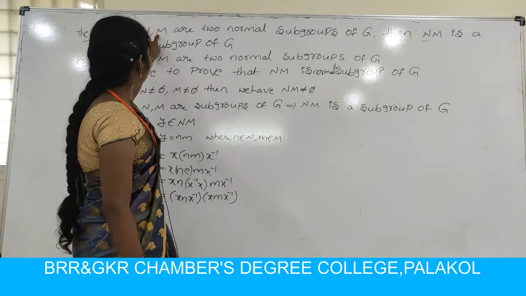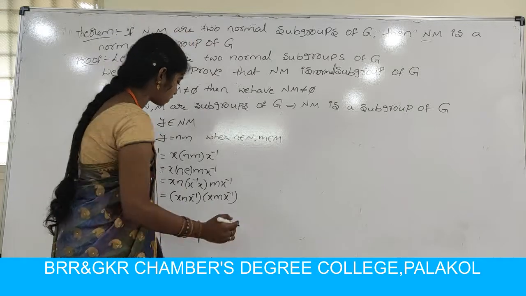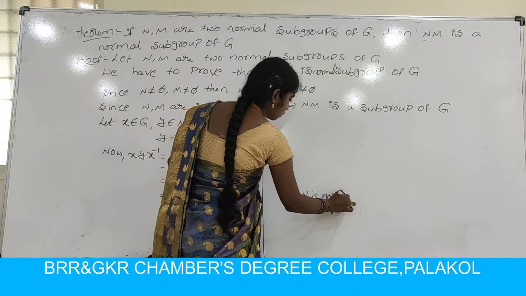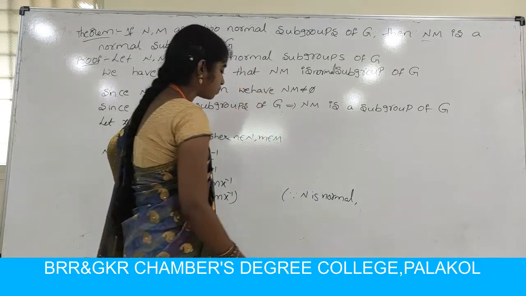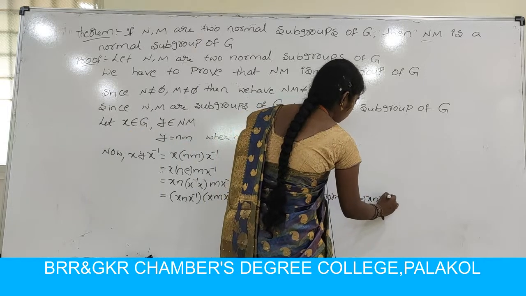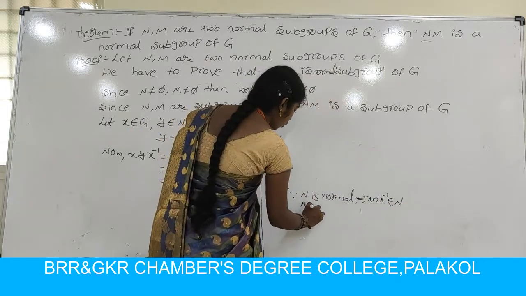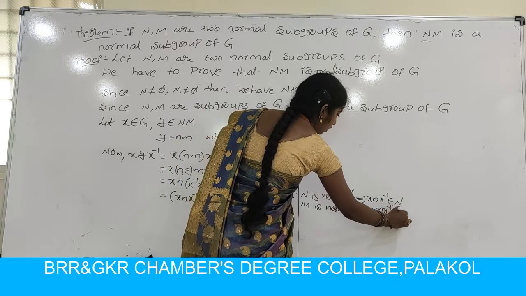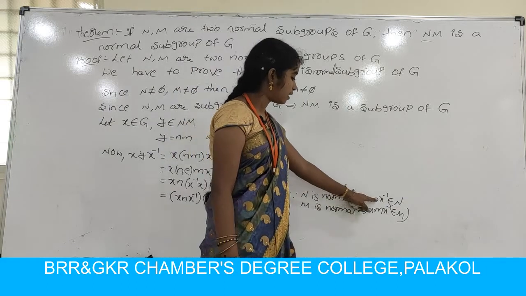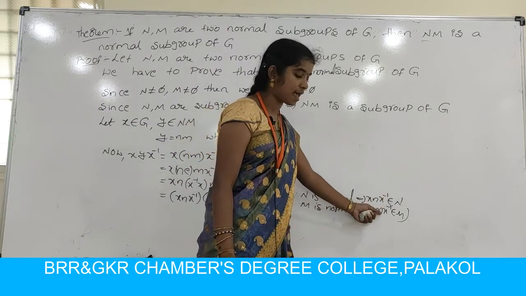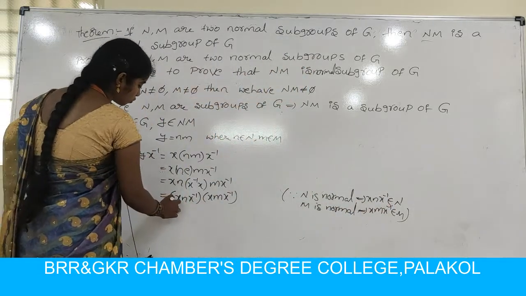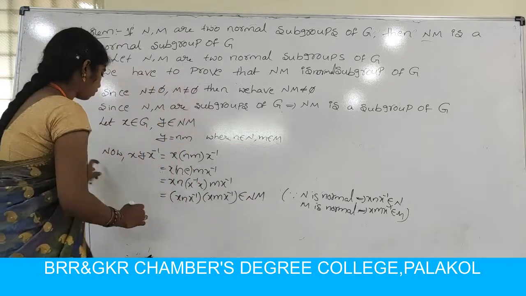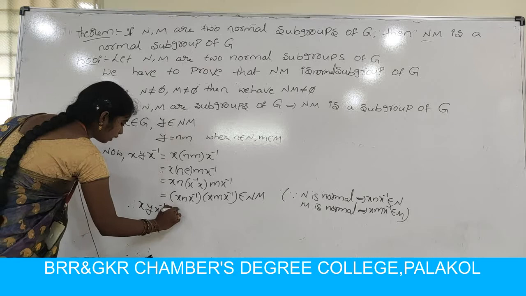Already you know that N is a normal subgroup of Z, M is a normal subgroup of Z. Since N is normal, xnx inverse belongs to N, and since M is normal, xmx inverse belongs to M. So xyx inverse equals xnx inverse times xmx inverse, which belongs to N times M. Therefore xyx inverse belongs to NM.